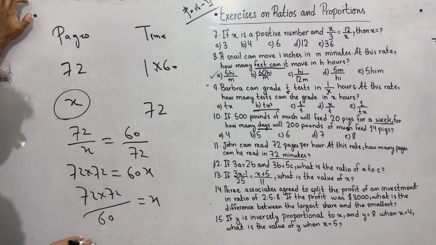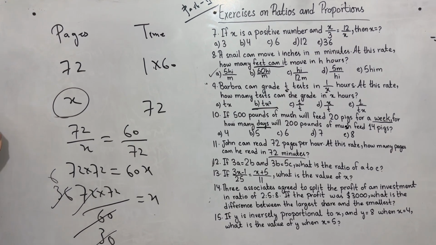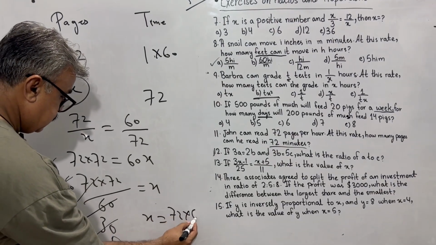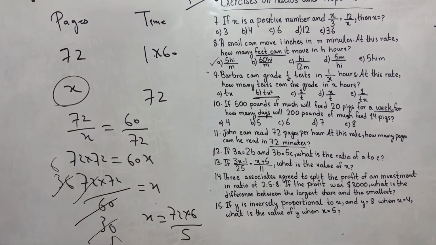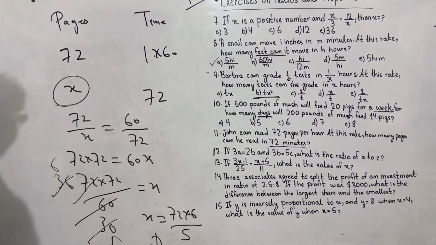Applying table, table of 2, 36 times. Now table of 6, 5 times, that is 6. We have x is equal to 72 times 6 over 5. Or one can use a calculator or divide. You are going to get the answer in that case.